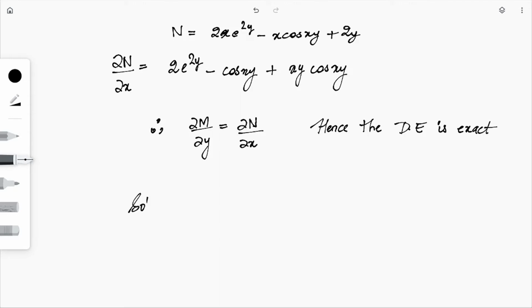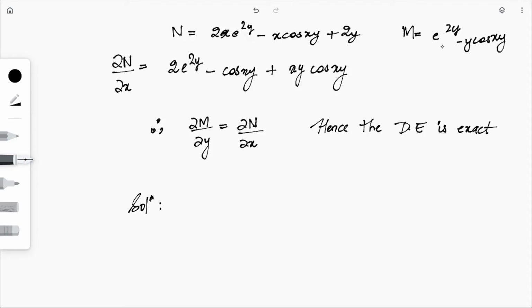So what will be the solution? Let me just write it down. We have to integrate M. I'm going to write M again here so that it is easier: e raised to 2y minus y cos xy. Integrate M with respect to x, keeping y as a constant.